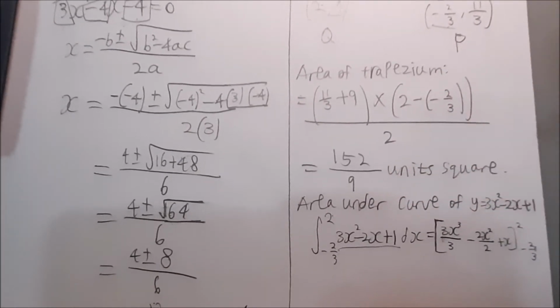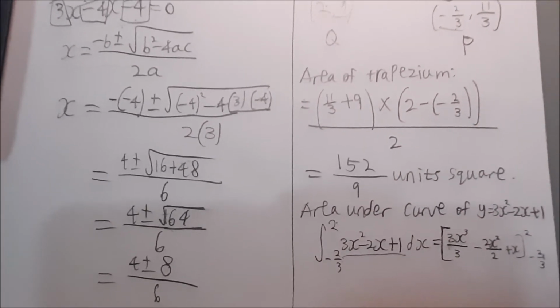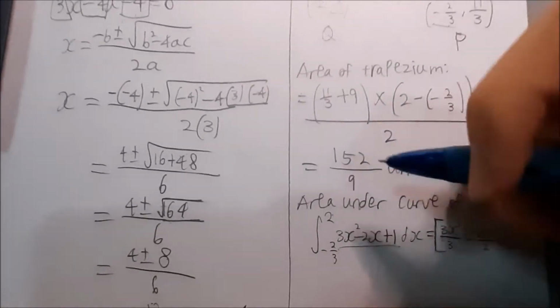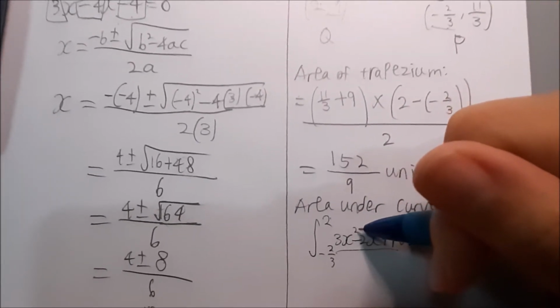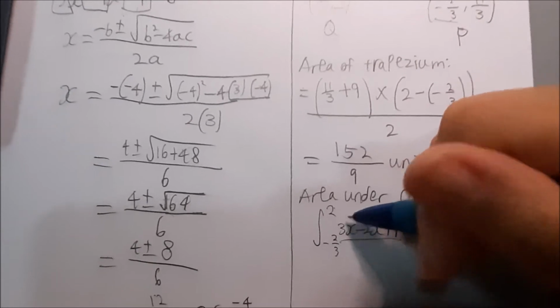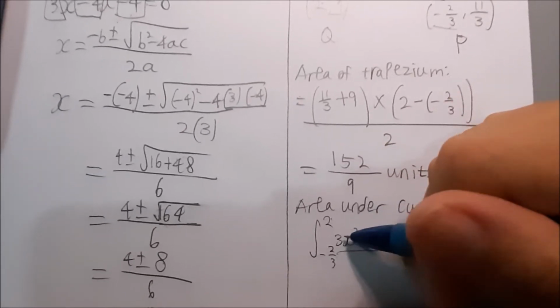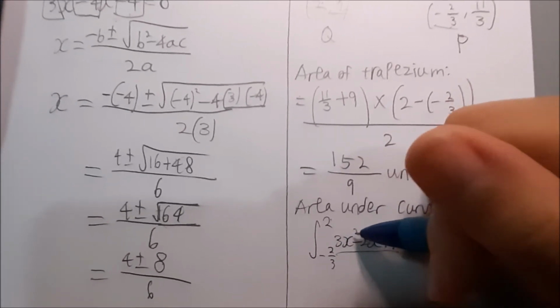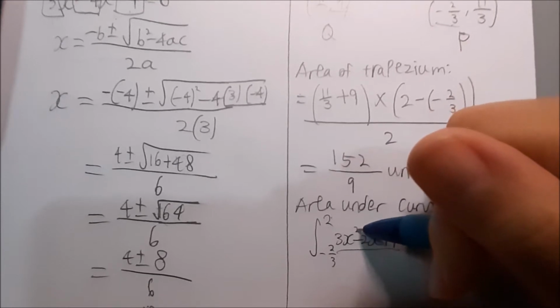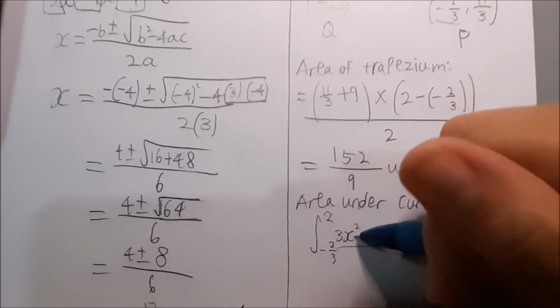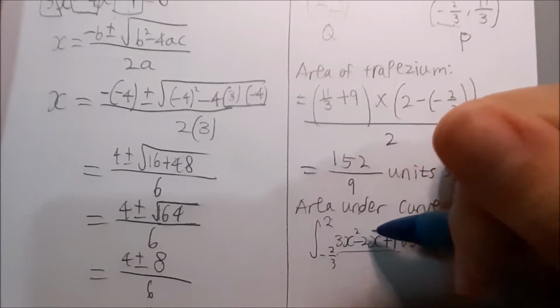So how I got this equation is that for integration you always have to add 1 to the power of the value. So for example 3x squared, you add 1 to the power, so you get x cubed, so you get 3x cubed.